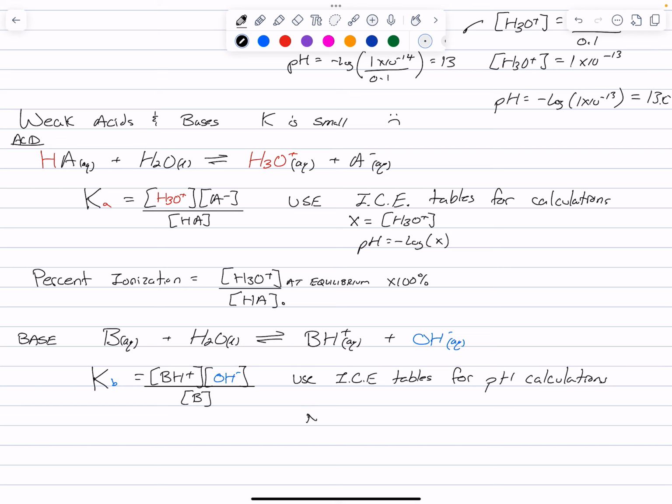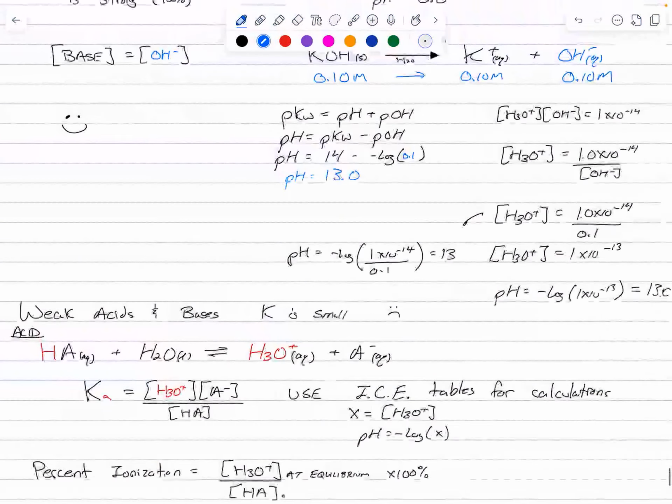But note, X equals the concentration of hydroxide here. So it's different than acids. So we have to do the extra steps, just like we have to do for the strong bases up here.